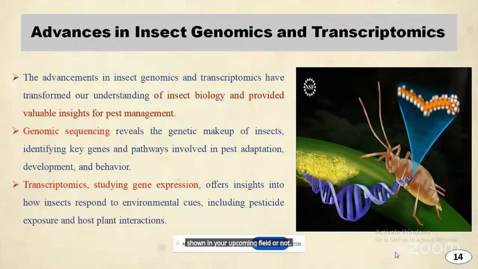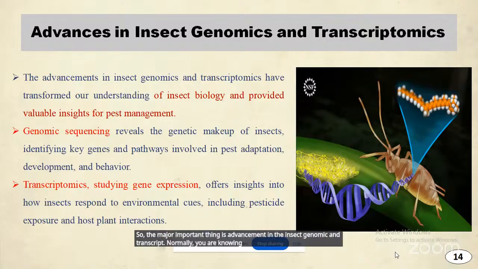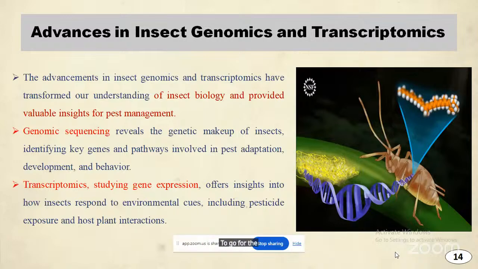So the major important thing is advancement in insect genomics and transcriptomics. Normally, you know that we emphasize the genomic and transcriptomic data of plants, but nowadays the government, especially ICAR, is also focusing on genomic and transcriptomic data of insects, because there is a limitation of pesticides.